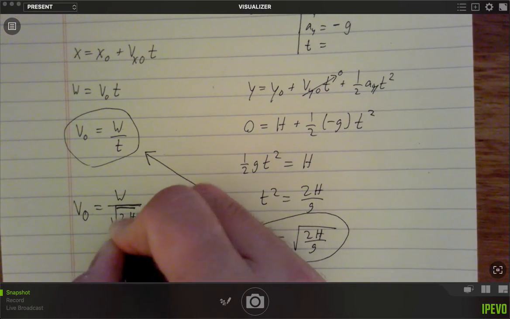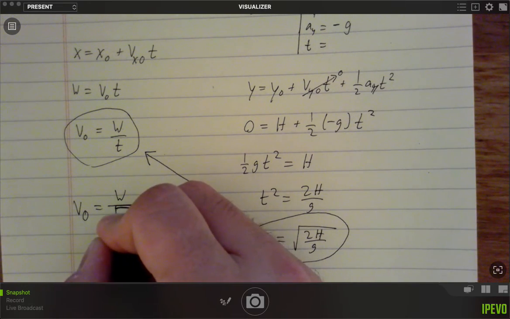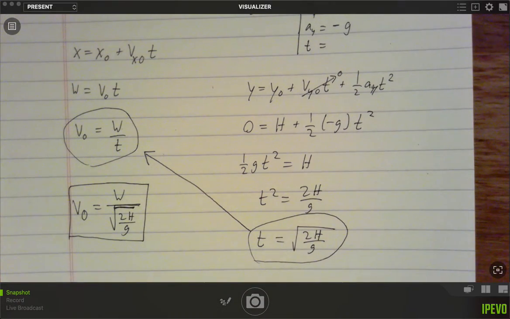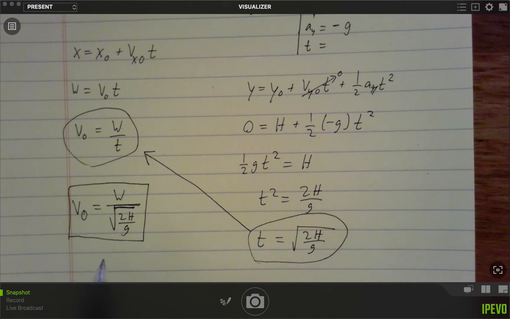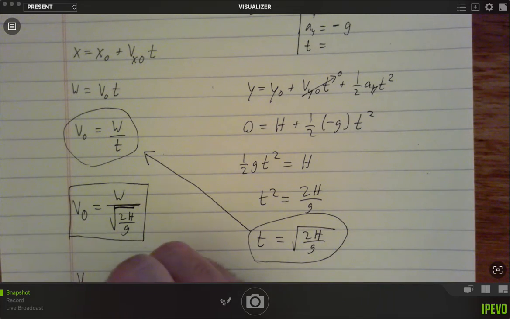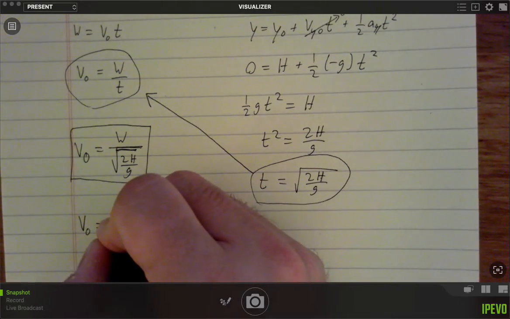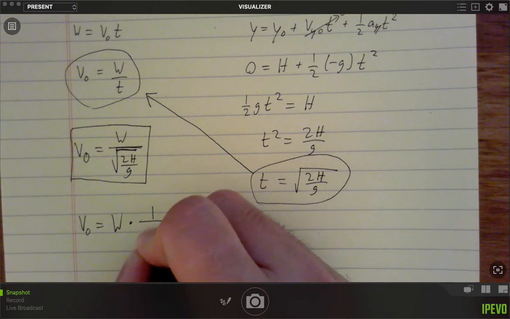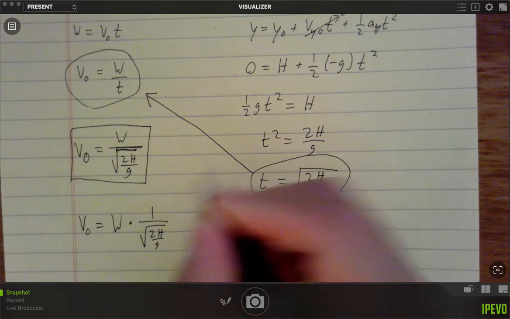2h over g. Now, this is an acceptable answer. This is an expression for V naught in terms of W, h, and g. You are probably trained to try and get that radical out of the denominator or do some other simplification, but you don't have to. The one thing you can do is understand that this fraction, like V naught, can be written as W times the inverse of the square root of 2h over g.